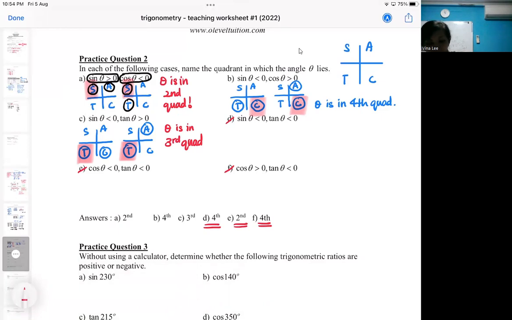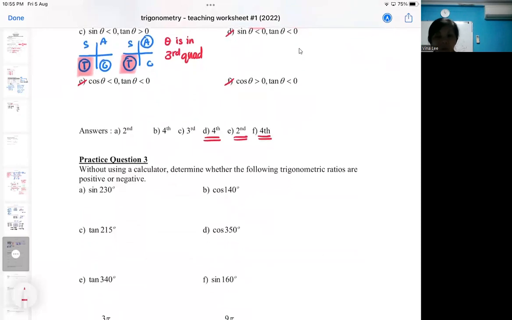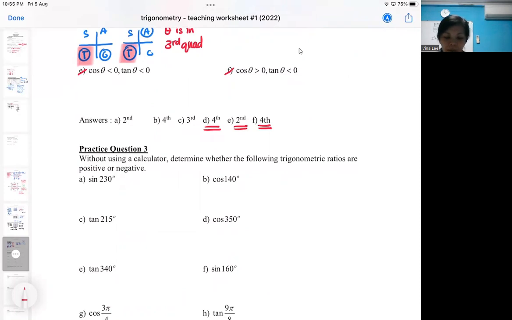Okay, so here the next one is a pure question on ASTC also, but after I discuss this, I will show you the basic angle for this part. The instruction is without using a calculator, so you're not supposed to press.